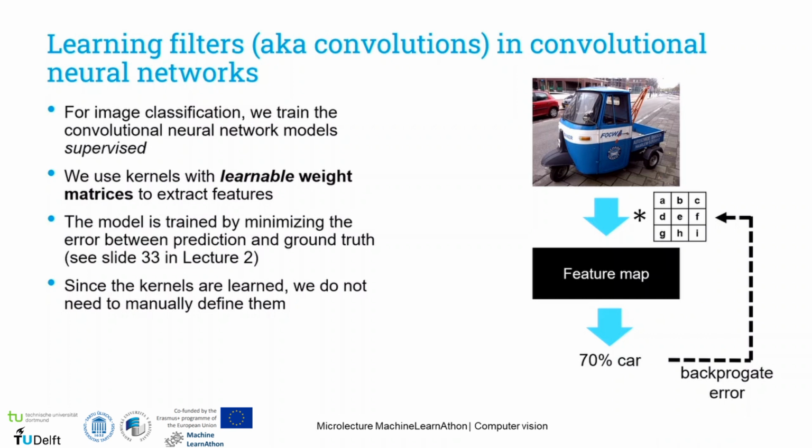So the numbers in the filters are parameters of our model. So A, B, C, D, E, F, G, whatever. And these are the numbers that we want to find and optimize during the model training.